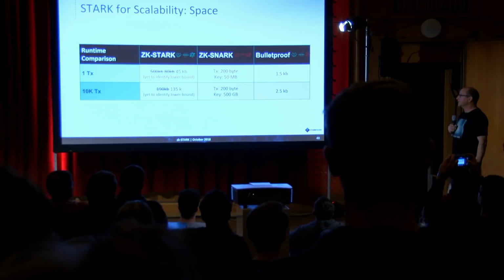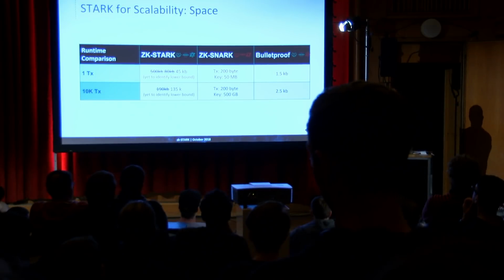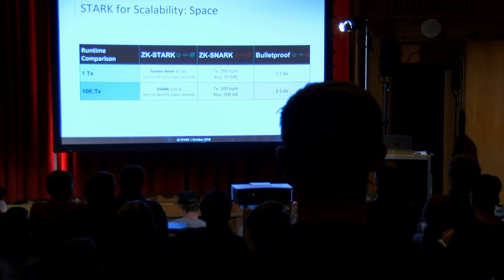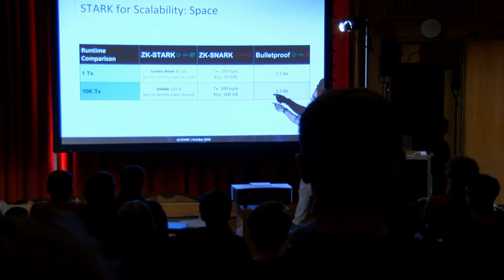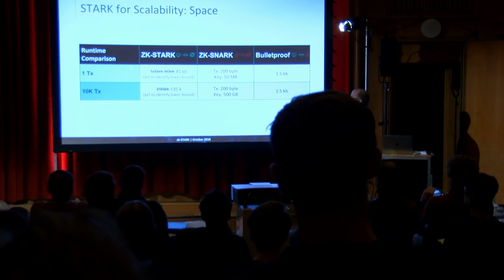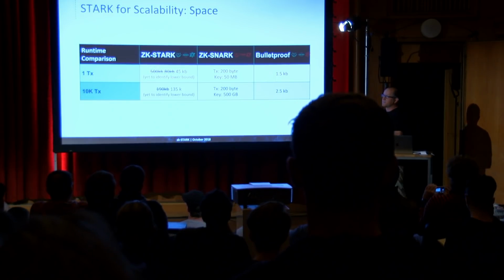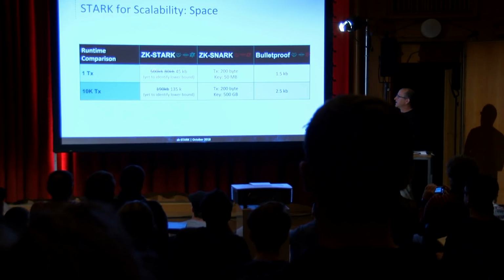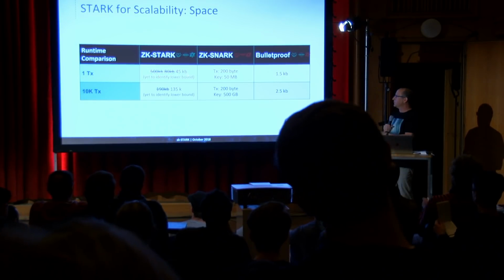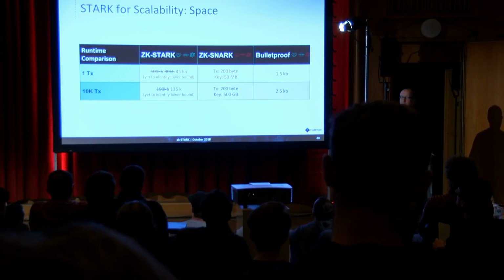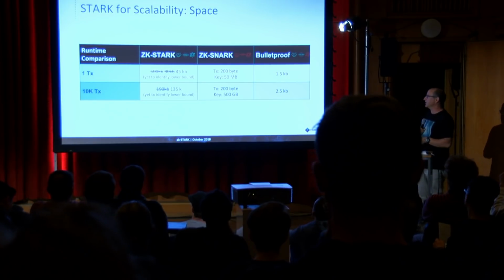And here are some numbers, the latest ones. So this is a slide that we also presented 1 year ago at Consensus 2017. And there we reported that the proof length of a Stark from the academic paper has gone down from 500 kilobytes to 80 kilobytes, but we actually brought it down to 45 kilobytes, and we have yet to identify a lower bound. It might go down a little bit more.